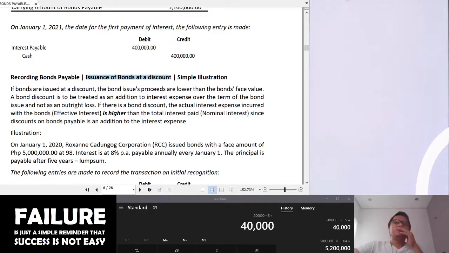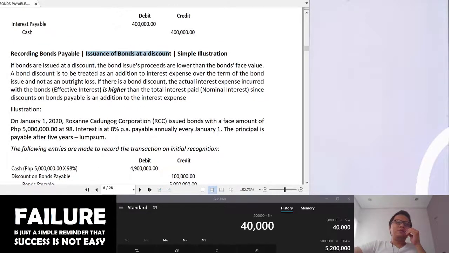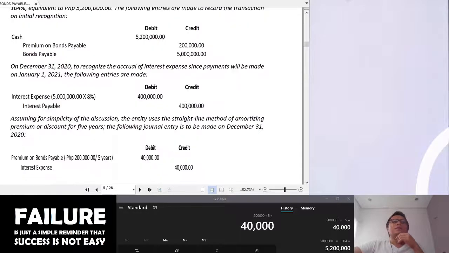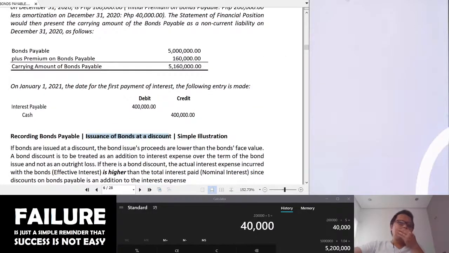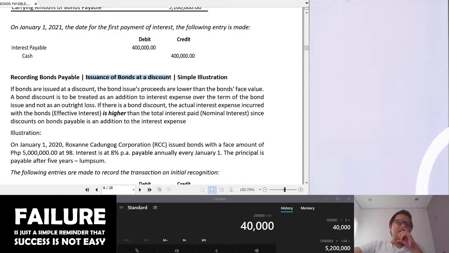With the same example, except that instead of 104%, we issued the bond at 98%. Again, at 98, obviously this is a discount.